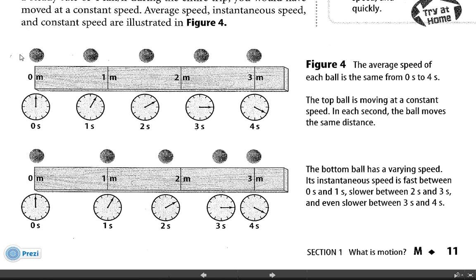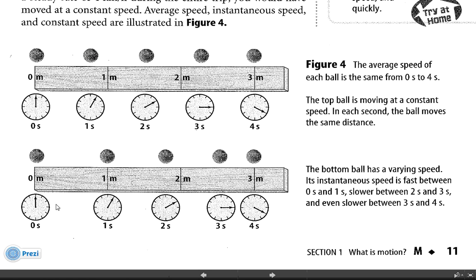Okay, we have a ball rolling, and notice our time is at equal intervals. 1, 2, 3, and 4 seconds. The ball is moving at a constant speed because the distance between each ball is the same. The distance traveled in each interval of time is the same.